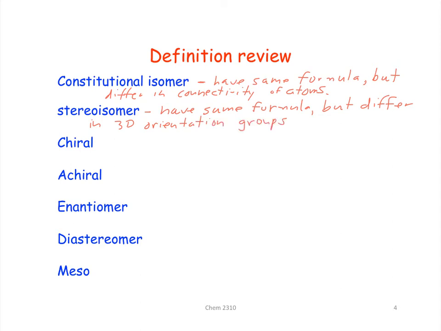Okay, there are 2 types of stereoisomers that we can have. Okay, so we're going to go kind of from here down to here and down to here. All right, so stereoisomers that are mirror images of one another are enantiomers.